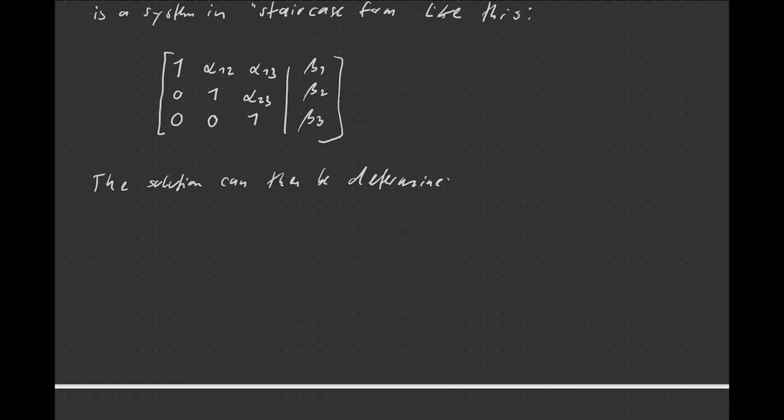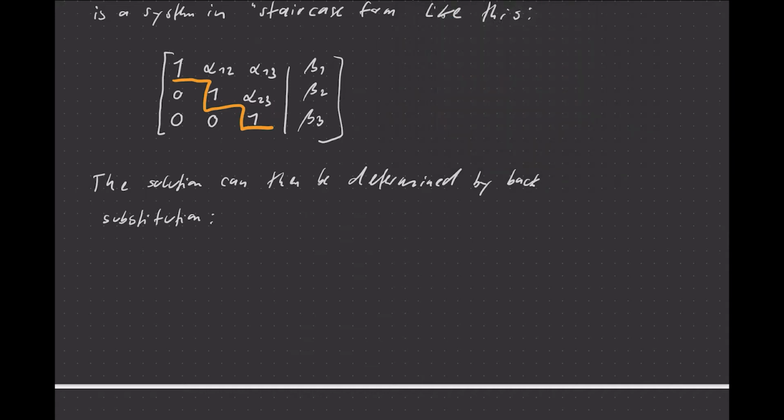And it can be determined by a process known as back substitution. We've seen this already in the context of our examples. So the idea is to solve the system backwards. Again, notice we have this staircase form here. So here's the staircase.